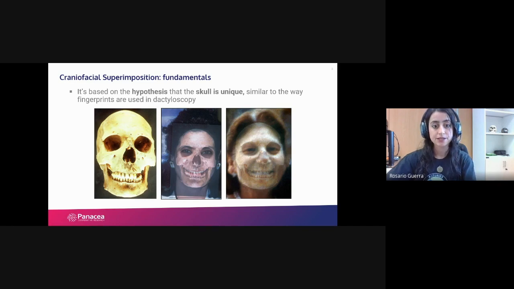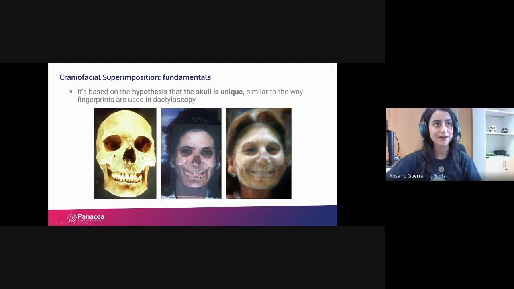So in the image here, you can see an example of a skull and how it only fits with its true owner, which in this case is the woman in the right photograph. You can really see it if you take a look at the teeth, because that's the most obvious part, right? Because of how well the interdental spaces match on this one, and on this and the center one, we can see that they fall well below the lip line even.